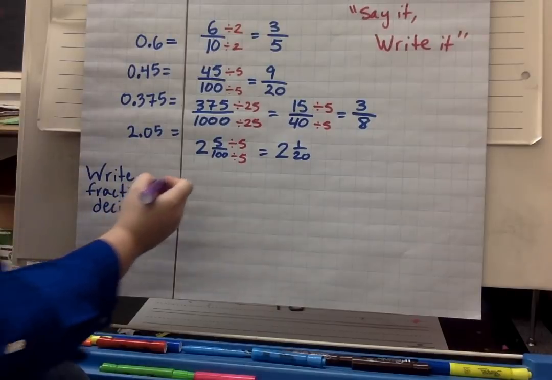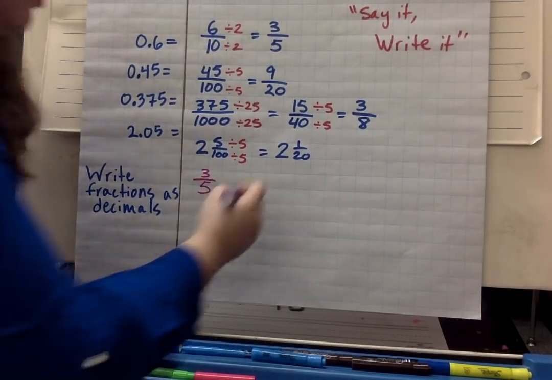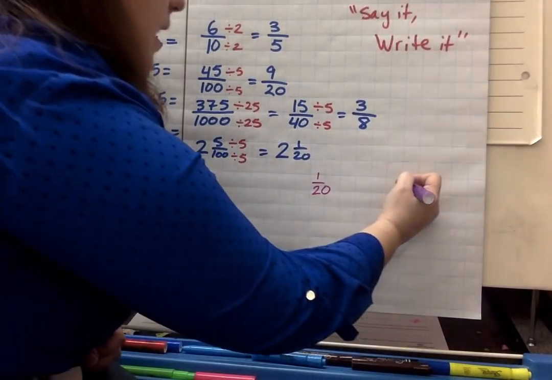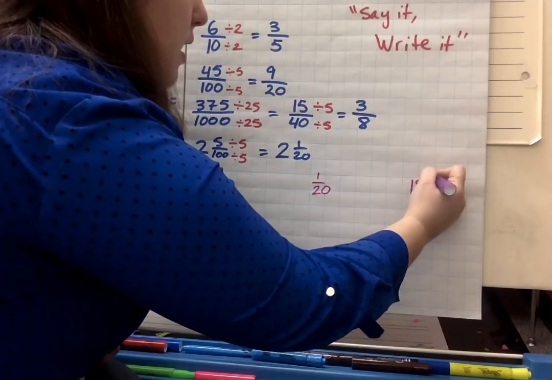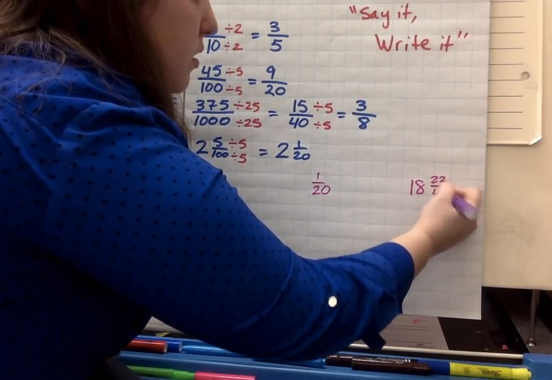Let's do 3/5, 1/20, and let's have a mixed number here, 18 and 22/40.